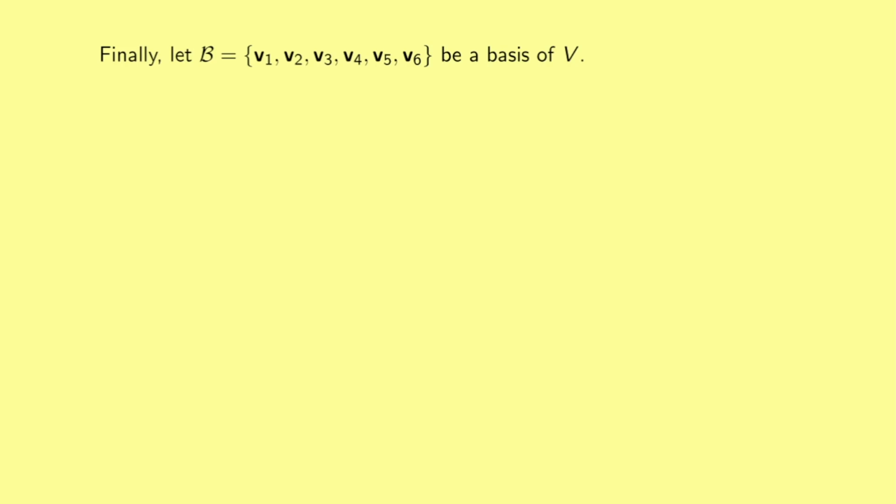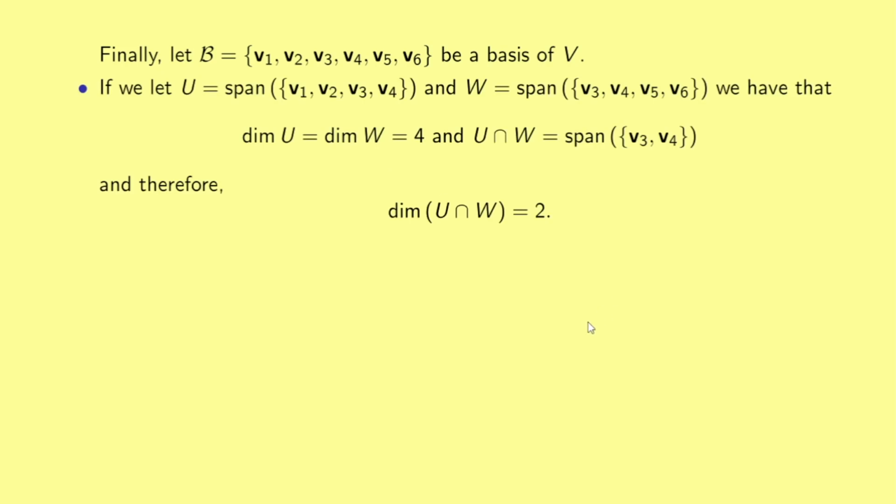So B has vectors from V1 to V6 because of the dimension of V. Now let's construct subspaces which satisfy the hypothesis of our problem. First, let U be the span of the first 4 vectors of the basis, so the span of V1 to V4, and let W be the span from V3 until V6.